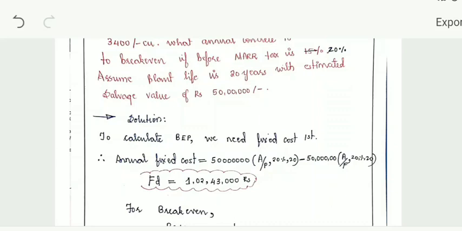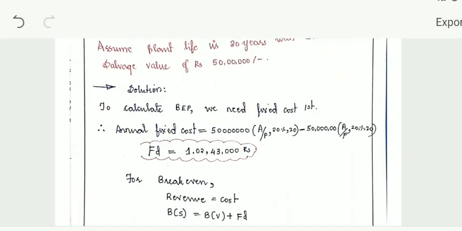So to calculate the break even point, we first need to calculate the fixed cost. I am considering the annual fixed cost because it is with respect to the annual operation maintenance and the salvage value.